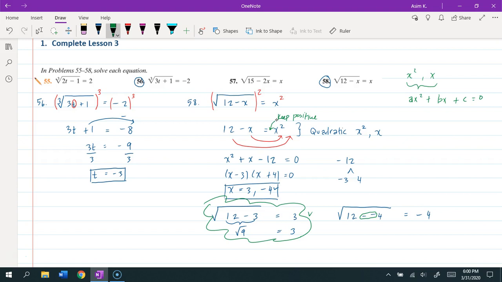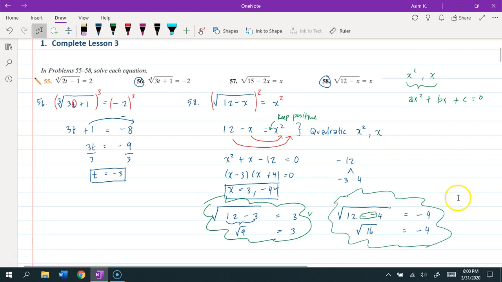So it becomes 12 plus 4, which is actually 16. And the question is, can the root of 16 ever equal negative 4? Absolutely. You can have a particular solution where you say the root of 16 is positive 4 and it's negative 4. Okay, so negative 4 is a perfectly valid answer.